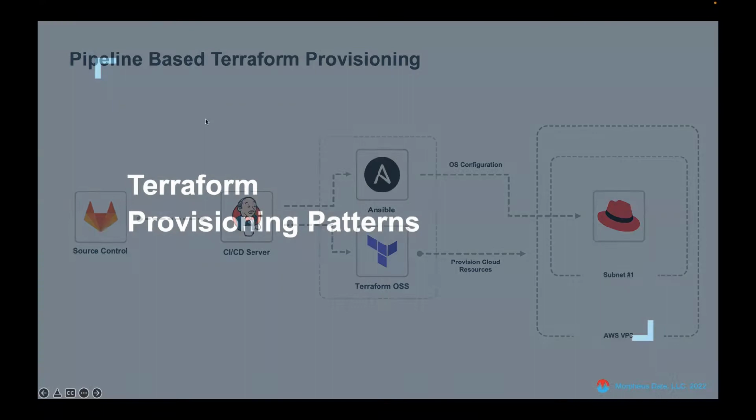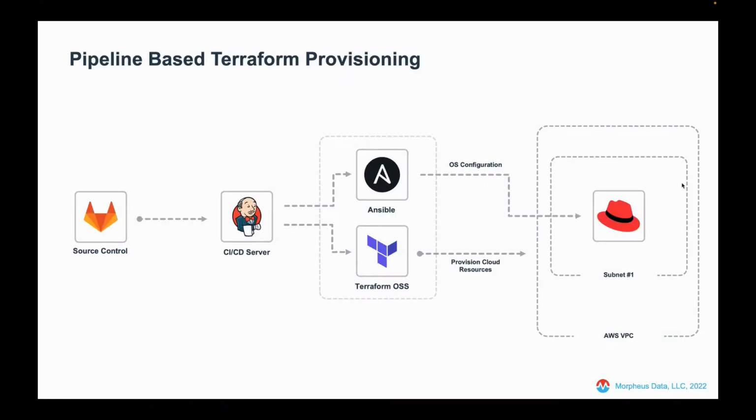Let's delve into a couple of aspects of Terraform provisioning, both in the context of Morpheus and in general from a Terraform standpoint. One of the common patterns that we see is utilizing CI/CD pipelines to provision or deploy infrastructure using Terraform.